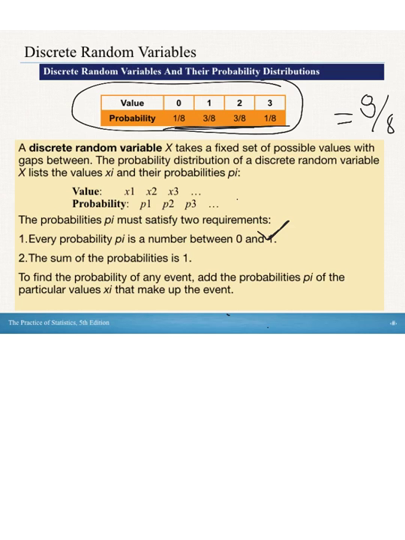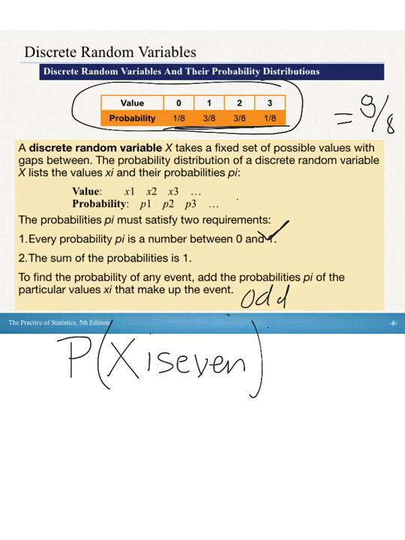And then also, if I wanted to find the probability of any of these happening, like the probability that I had an odd number, for example, I would write that a little different, by the way, for the probability of a random variable. We'd write it with the large X, and we write what's inside as well, like we normally would, but we write the large X. I said odd, so I'm losing my mind.